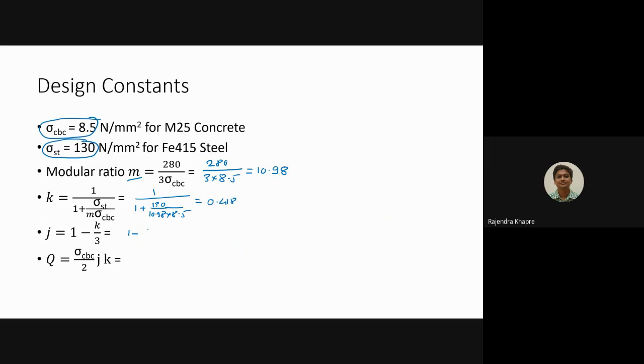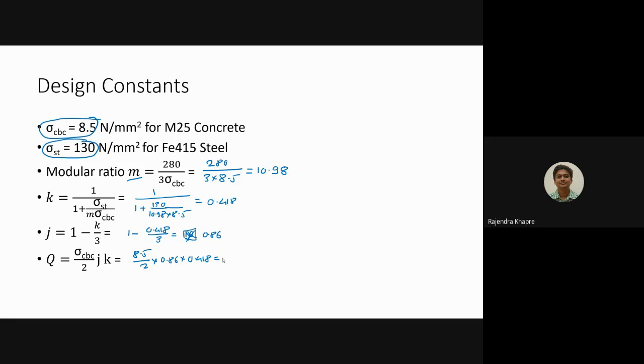Okay, so on similar lines, you can calculate the value of J also. This is 1 minus K by 3, where K value is 0.418. That gives 0.86. Okay, and your Q value is half of sigma CBC, which is 8.5, into J, which is 0.86, into K, which is 0.418.